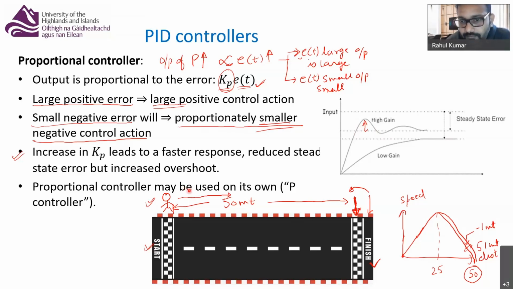Okay. Proportional controllers can be used on their own. That means instead of a PID controller, you can just have a proportional controller, right? You are using only proportional control. So a proportional controller can be used on its own, a P controller.